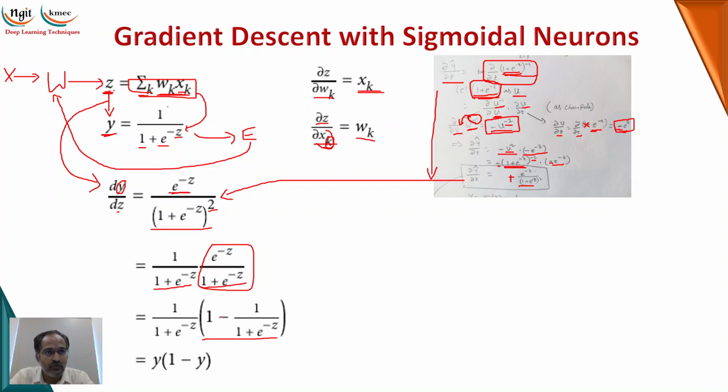We are writing this term as 1 minus 1 by (1 plus e^(-z)).